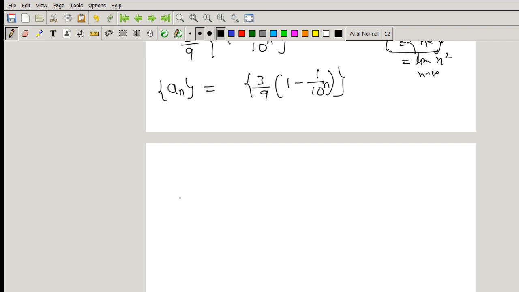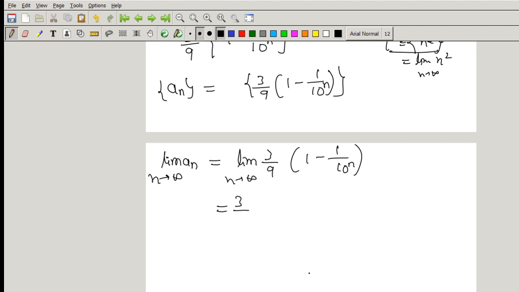So what happens to the limit of an as n tends to infinity? The limit of an as n tends to infinity is the limit of 3 by 9 into 1 minus 1 by 10 power n.